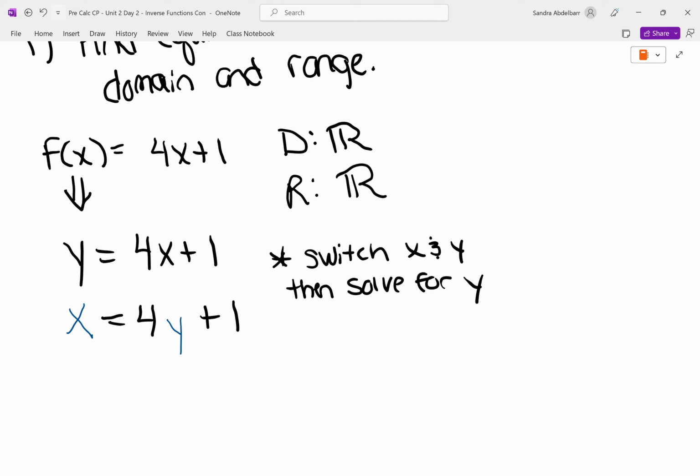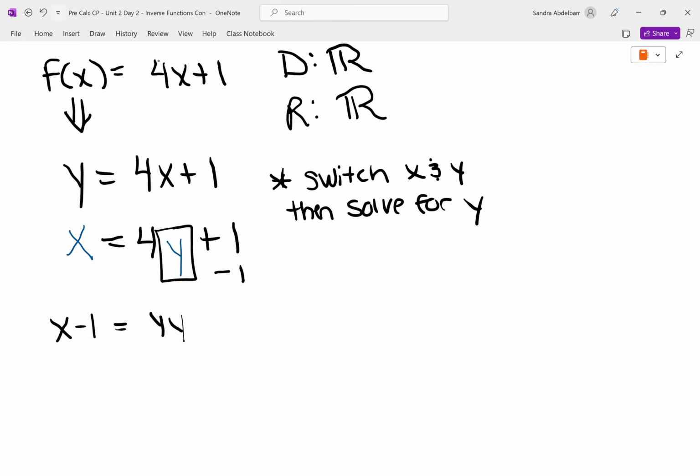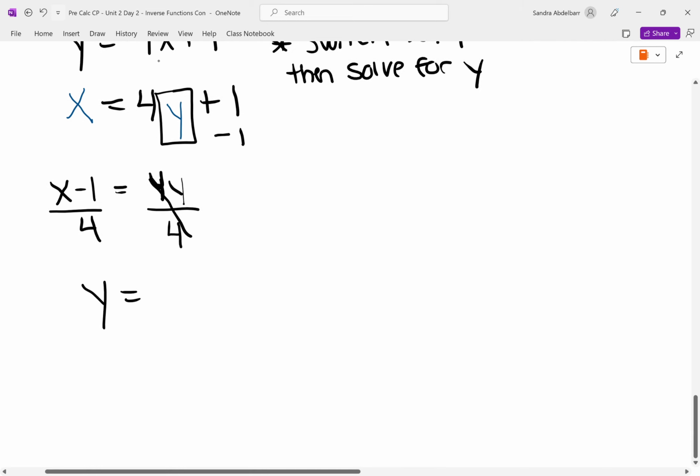So now we're going to solve for y. When I solve for y, I'm going to subtract that 1 over. So x minus 1 equals 4y. Then what am I going to do? Divide by 4. So our new equation is y equals x minus 1 over 4.